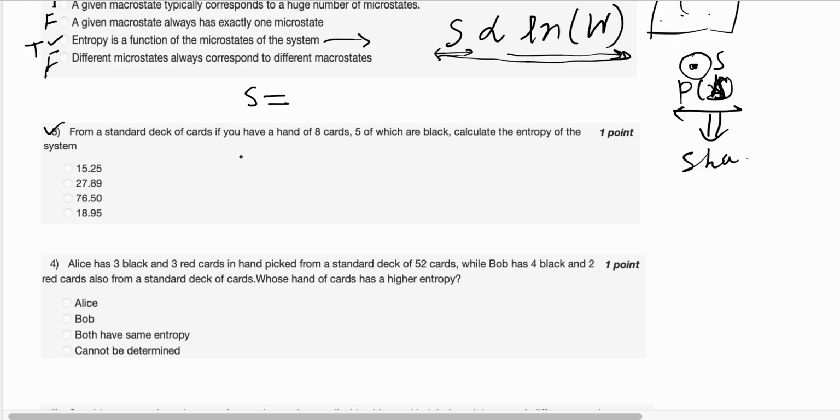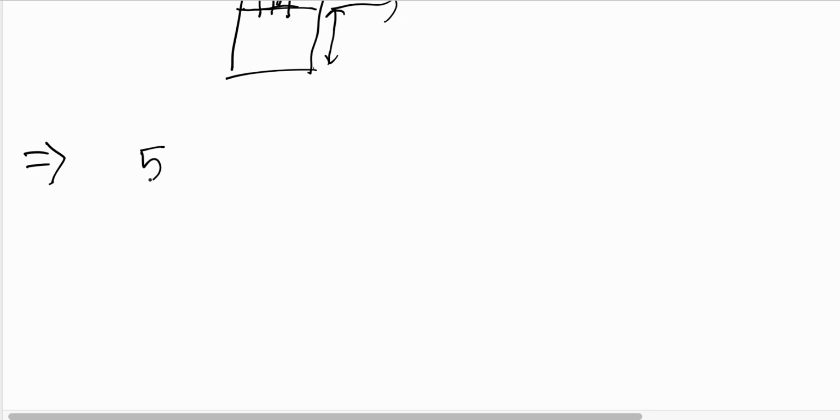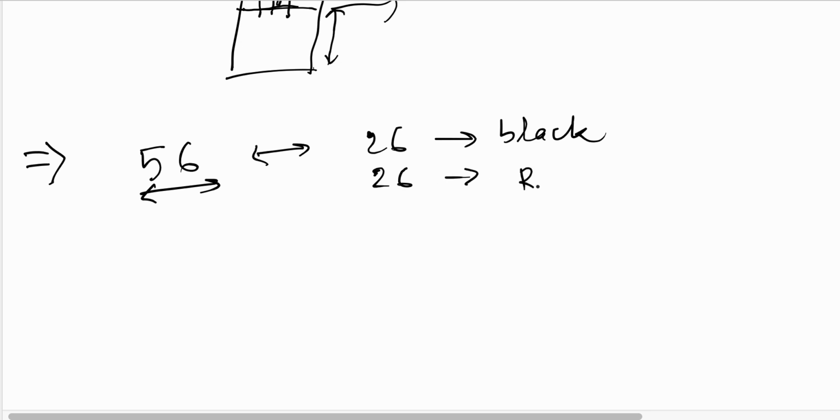So let's calculate how many possible ways we can take 8 cards, out of which 5 will be black. Now we know that there are 52 cards. From these 52 cards, there will be 26 black cards and 26 red cards.